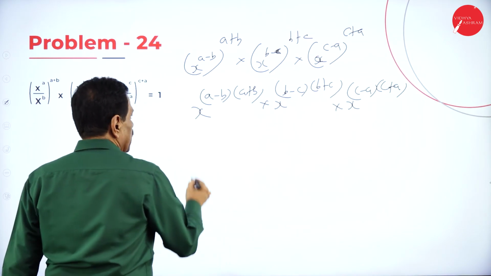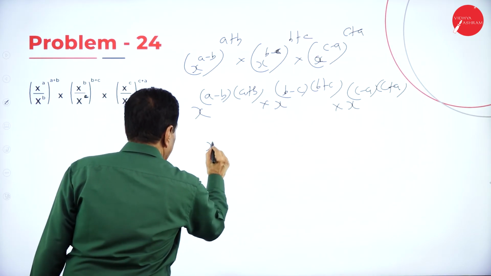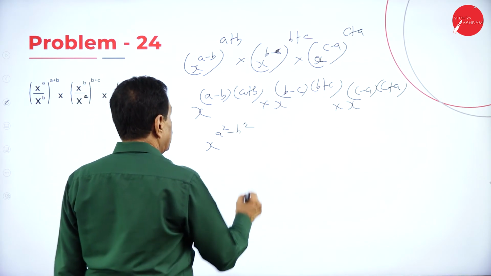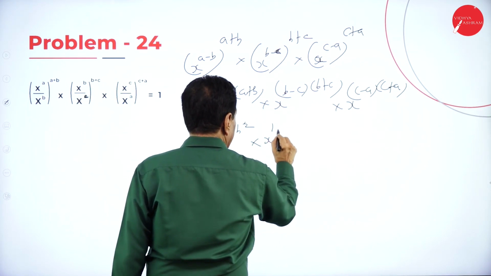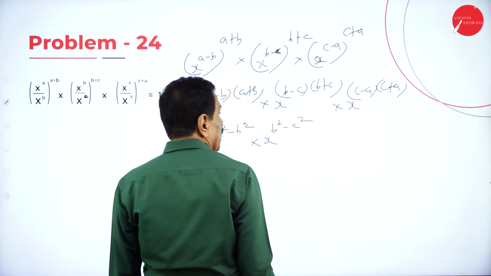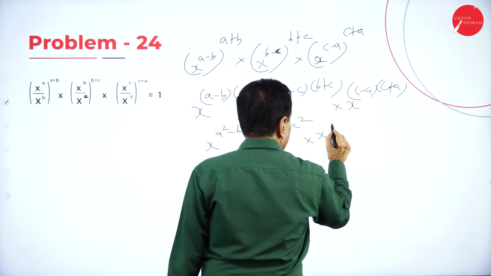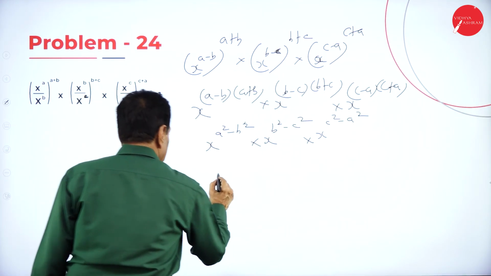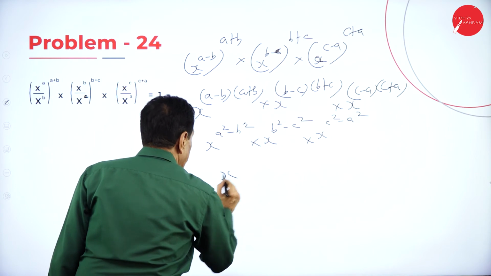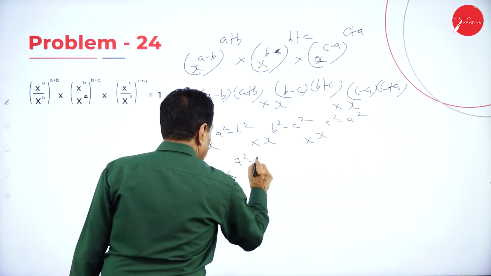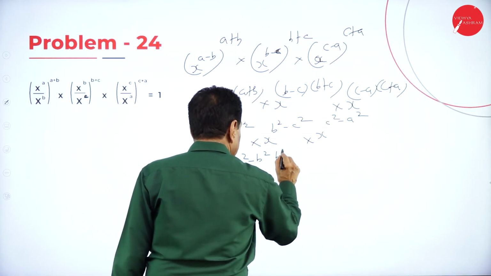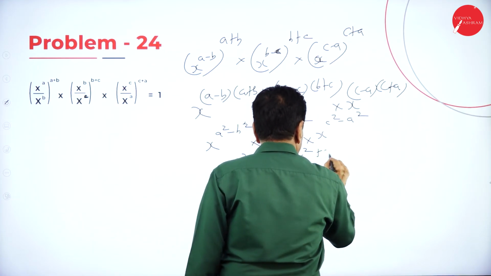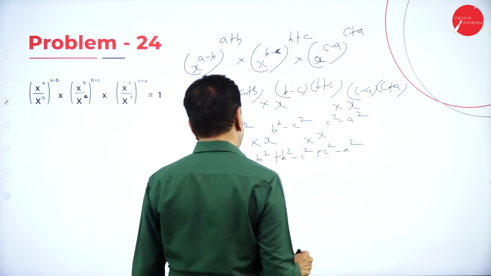This can be written as a plus b into a minus b is x to the power of a squared minus b squared into x to the power of b squared minus c squared into x to the power of c squared minus a squared. This is x to the power of a squared minus b squared plus b squared minus c squared plus c squared minus a squared.